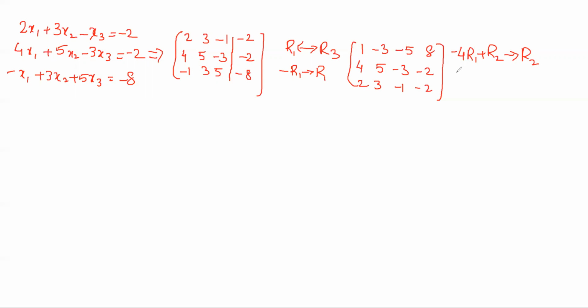And to make this 2 as 0, I can multiply this by minus 2 and add it to the third row, and that will be the new third row. So it will be 1, minus 3, minus 5, 8. Now this 4 will be 0.